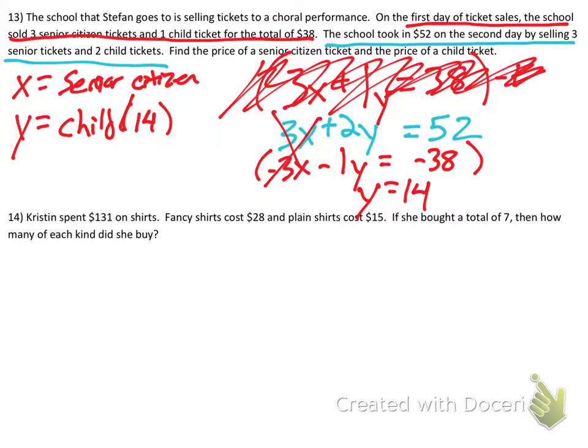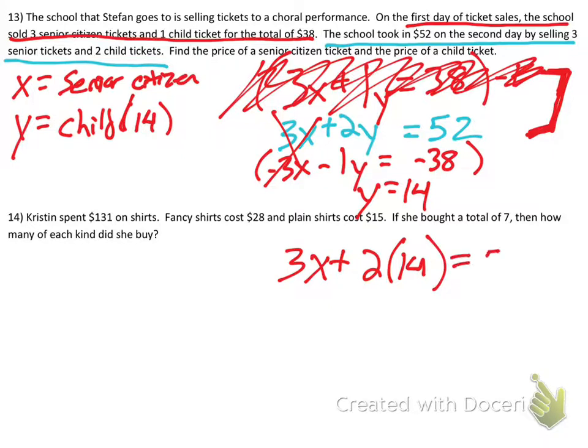I've got to find out again what the x is for the senior citizen ticket. So I'm going to go back to one of these 2 equations, even though I crossed them out. Just make sure you don't cross them out like I do. I'm just going to use the second one because I can see it better. So it's going to be 3x plus 2 times 14 is equal to 52.